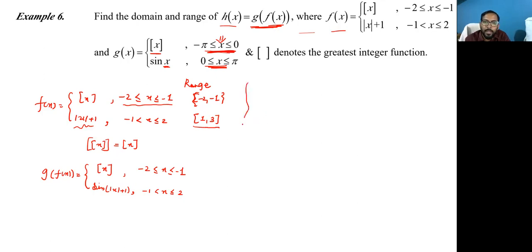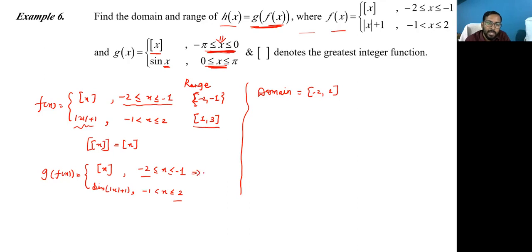Now we need to find the domain and range. The domain is directly -2 to 2. And for the range, replace the value of x in the function.